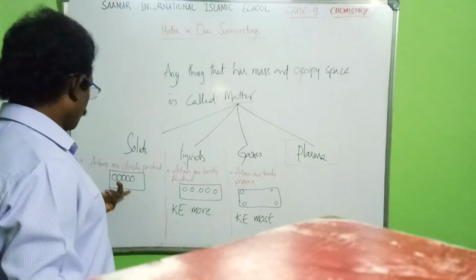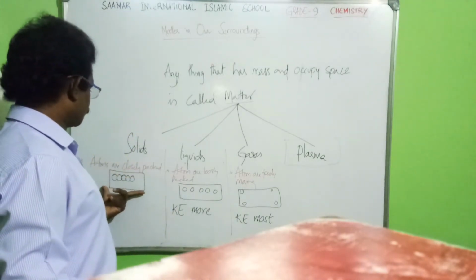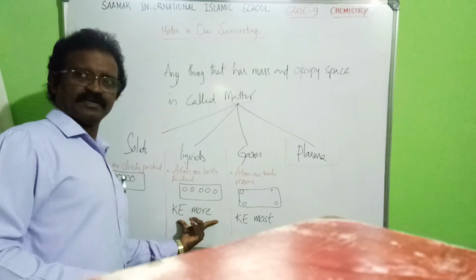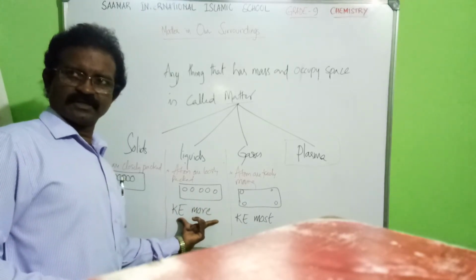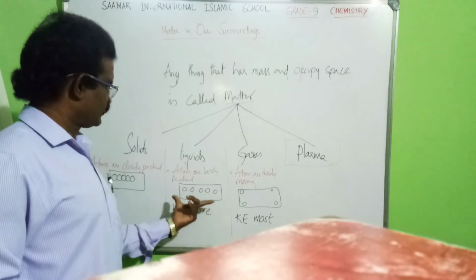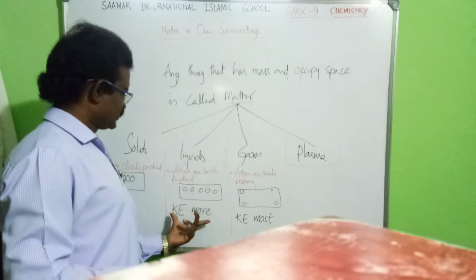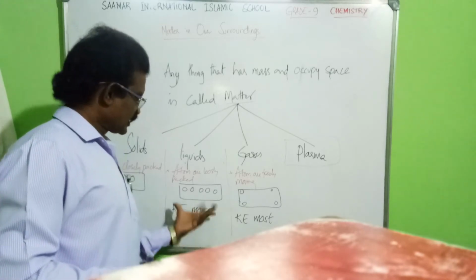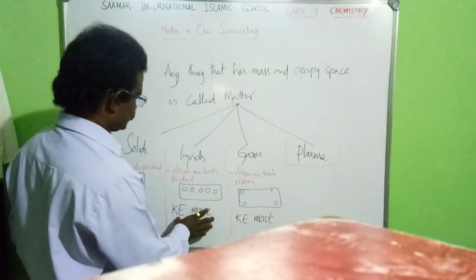Okay. Now, what is the shape? Solids have a fixed shape and volume, whereas liquids have a fixed volume, but the shape is based on the container. They take the shape of the container.